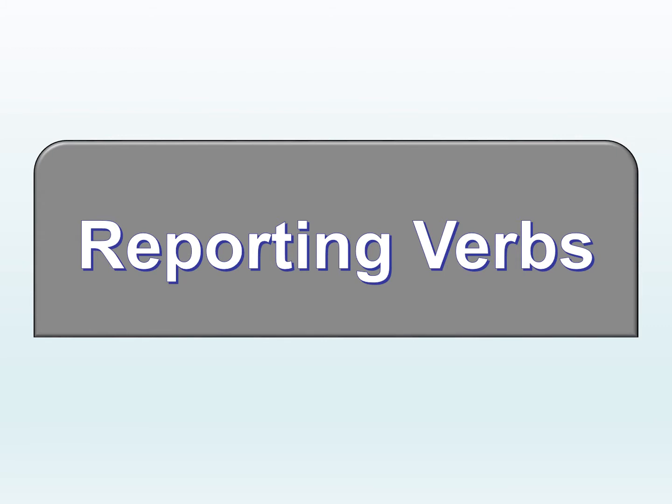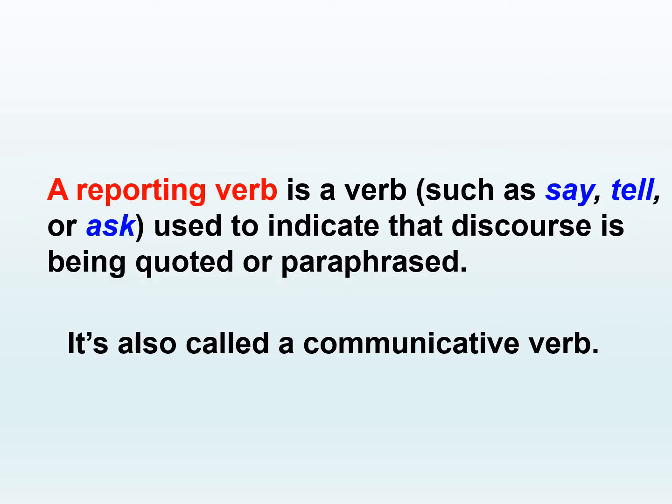Today's lesson is about reporting verbs, but first, what is a reporting verb? A reporting verb is a verb such as say, tell, or ask, used to indicate that discourse is being quoted or paraphrased. It's also called a communicative verb.